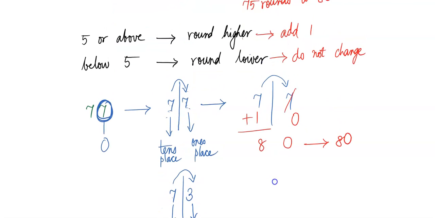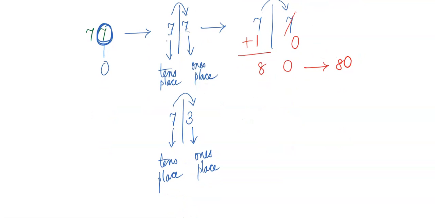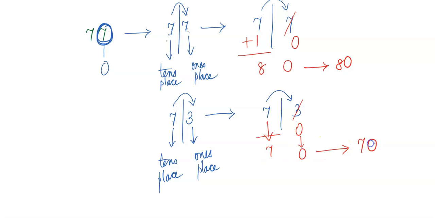The rule says if it is below 5, you round it lower, which means no change. So you keep the 7 as it is, but this always has to become a 0. So this becomes 70 automatically, rounding it to the lower number.